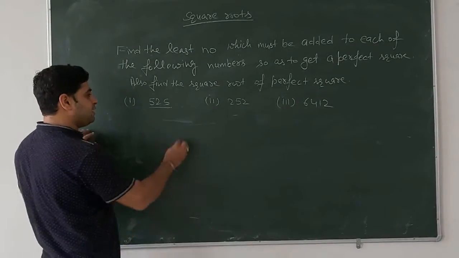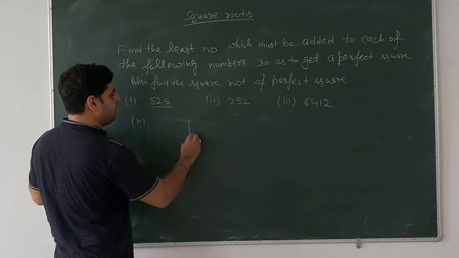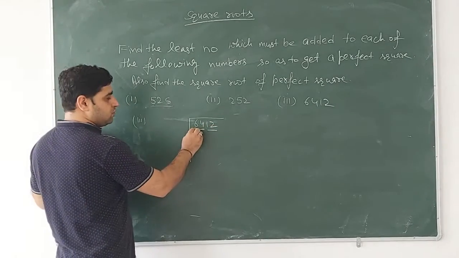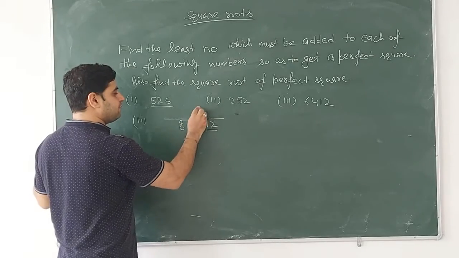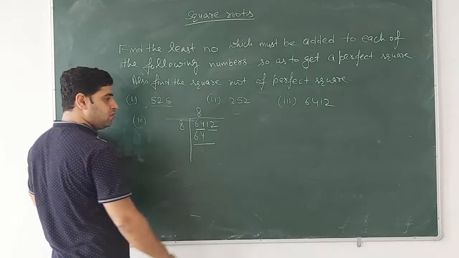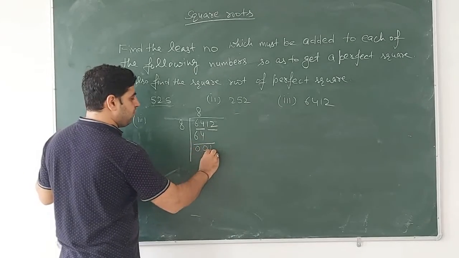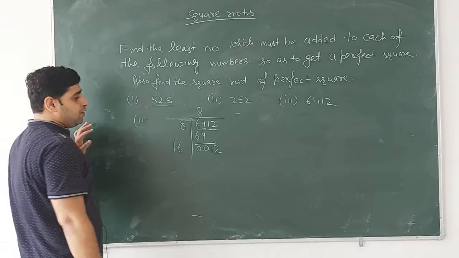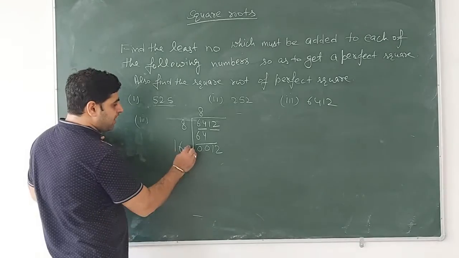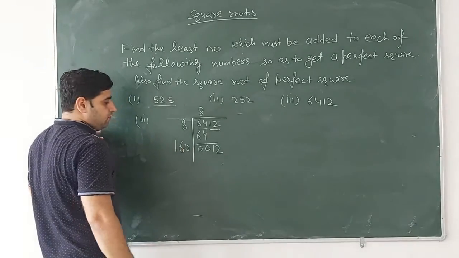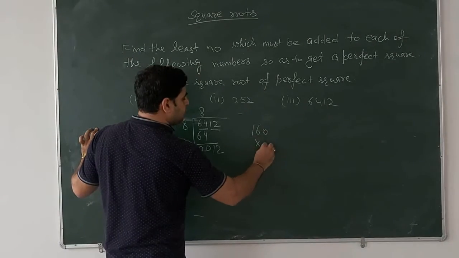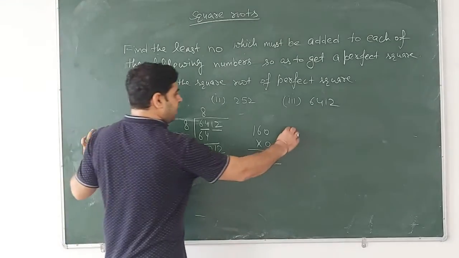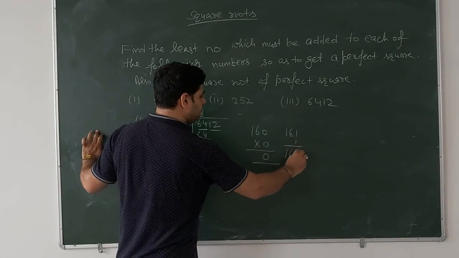Third part we have taken: 6412. Make a pair. So 64, 8 square will come out, 8 eights are 64, remainder 0, 12 will be carried down, 8 twos are 16. So here we can write either 0, 160 multiplied by 0 gives 0, or we can write 1, then it becomes 161.